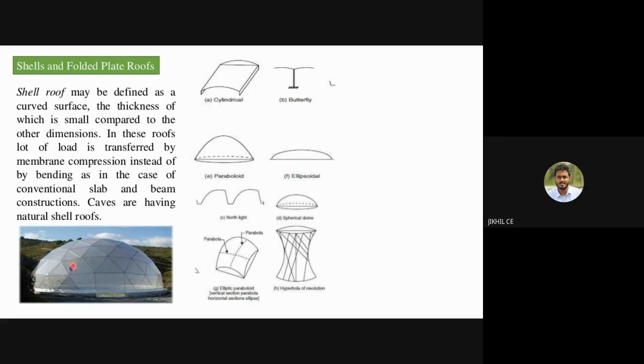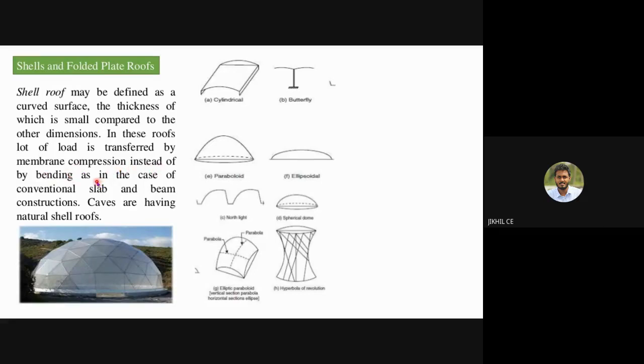So if we apply some load on this shell, the structure won't bend. Instead, the load is transferred from any point to the support through membrane action, that means along the curved surface. In these roofs, the load is transferred by membrane compression instead of bending.